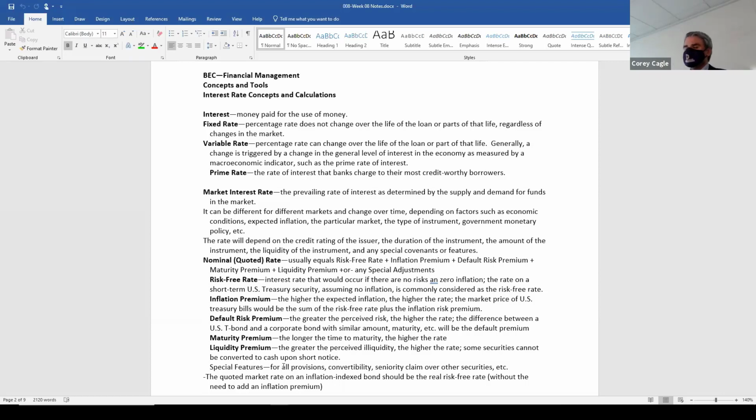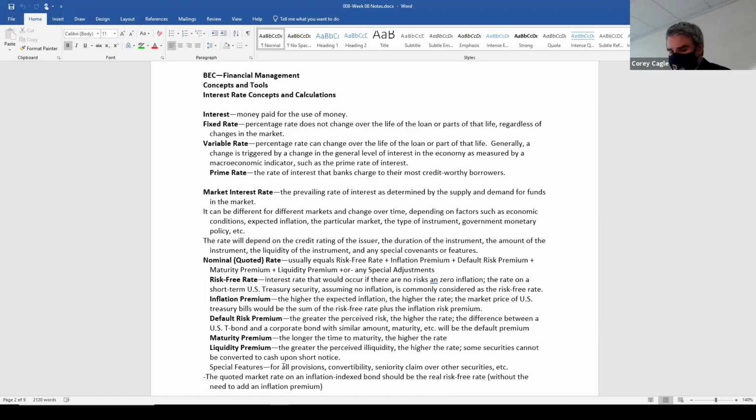Prime rate's a word that's thrown around a lot in the real world. We know what it is, but we might not could explain exactly what it is if somebody asks us. It's the rate of interest that banks charge to their most credit-worthy borrowers. Can't imagine that being knowledge from a test question, though.